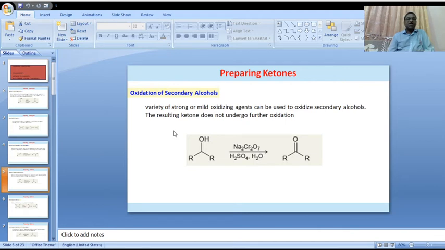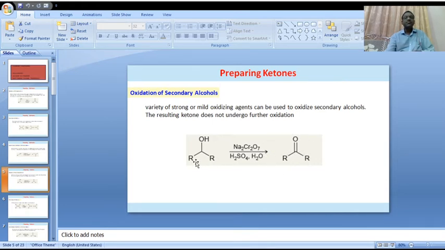A variety of strong or mild oxidizing agents can be used to oxidize secondary alcohols. The resulting ketone does not undergo further oxidation because there is no hydrogen atom on the carbonyl functional group.